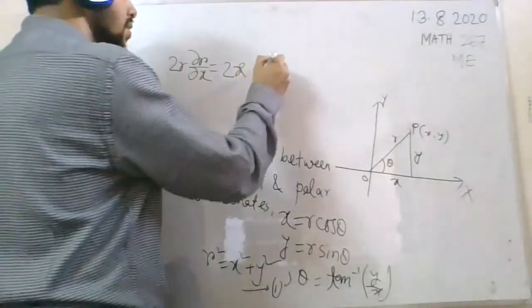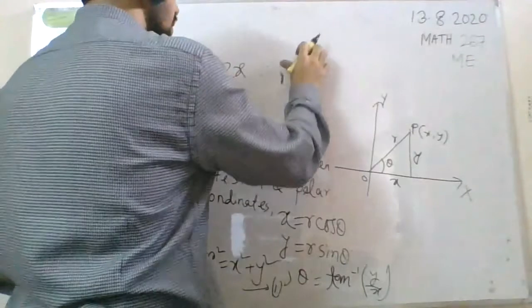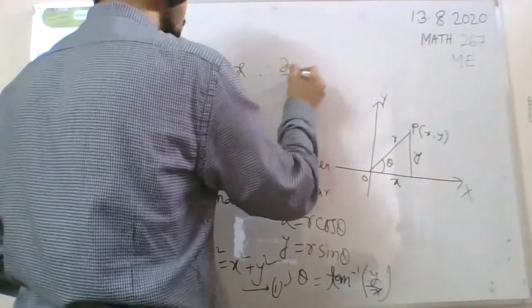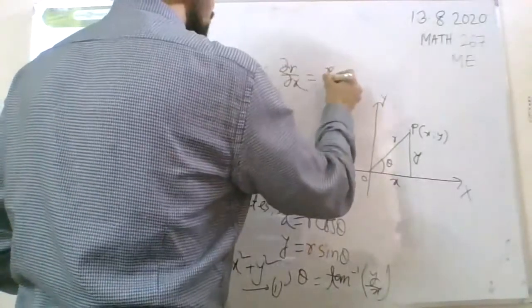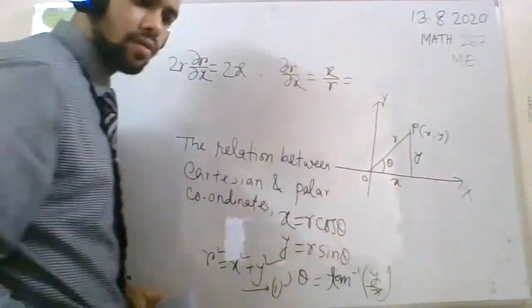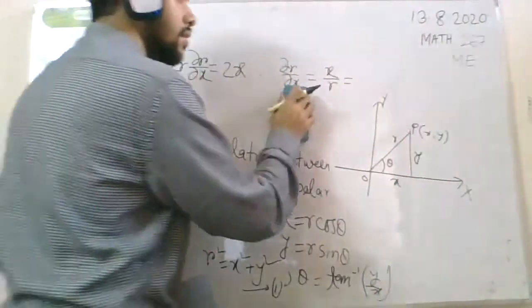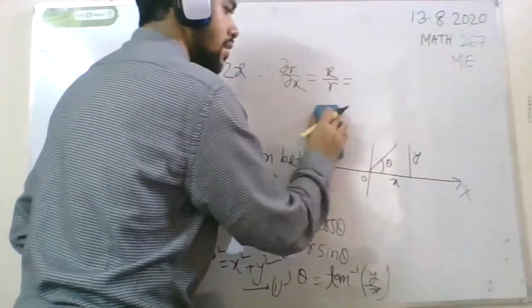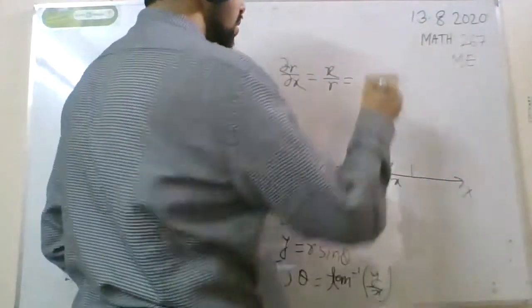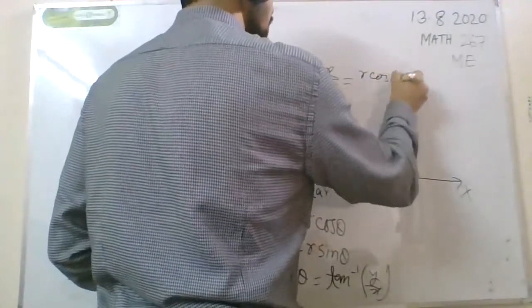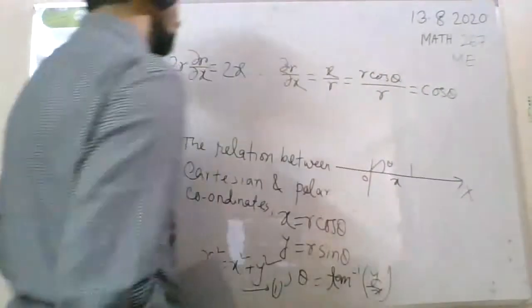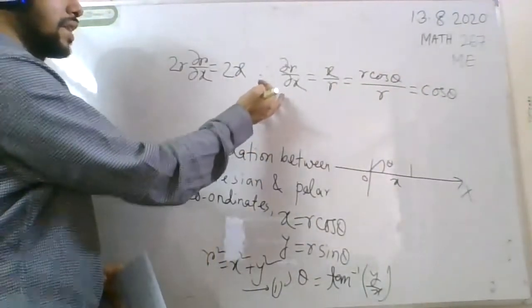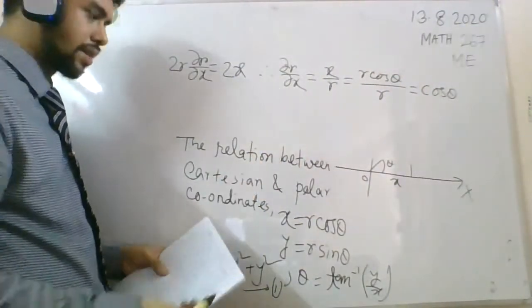So after that, you can also say del r by del x equals x by r, and here x is r cos theta, so del r by del x equals cos theta.